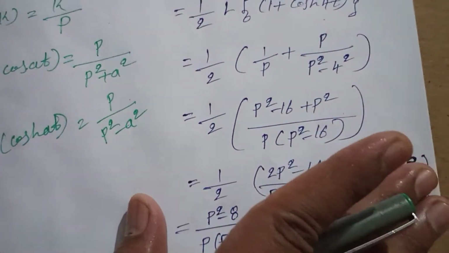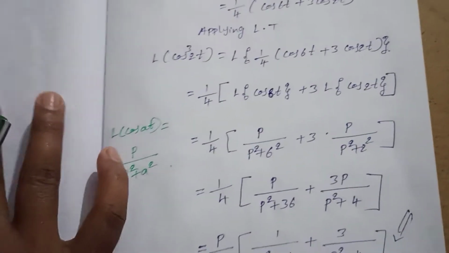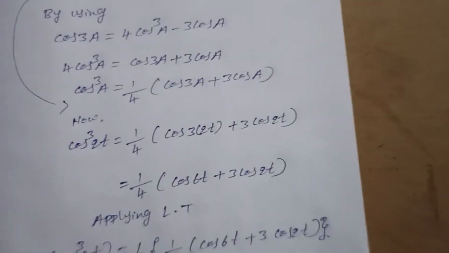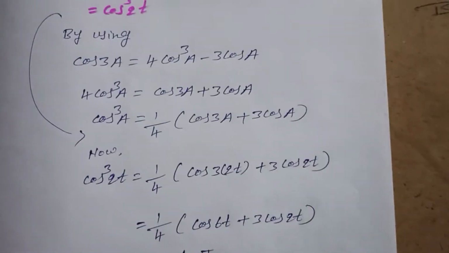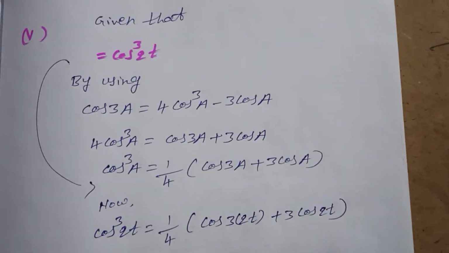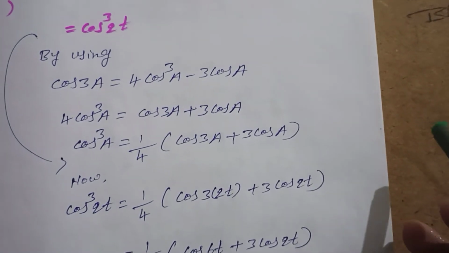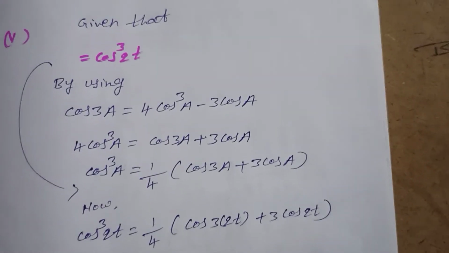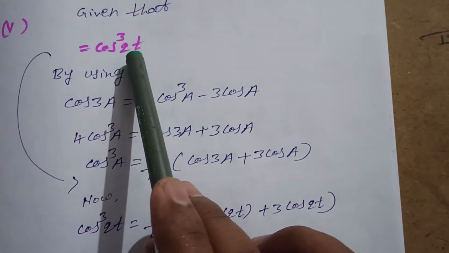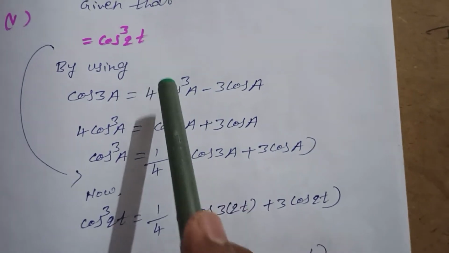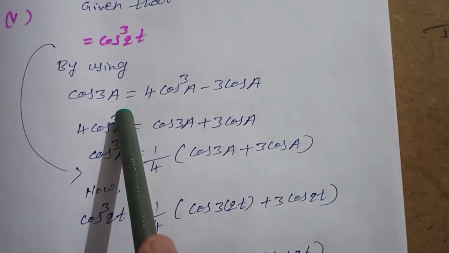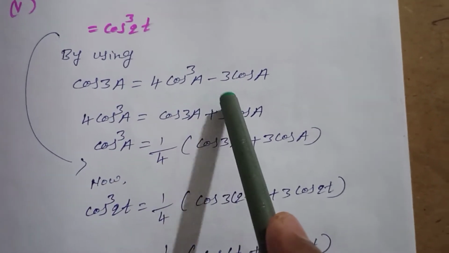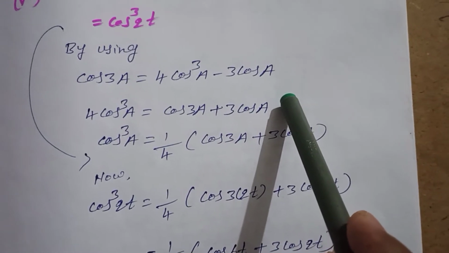Next problem we will discuss: cos cube 2t. To solve this problem you are going to use the cos 3a formula. Cos 3a is equal to 4 cos cube a minus 3 cos a.